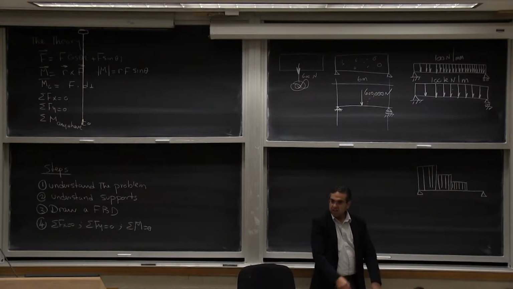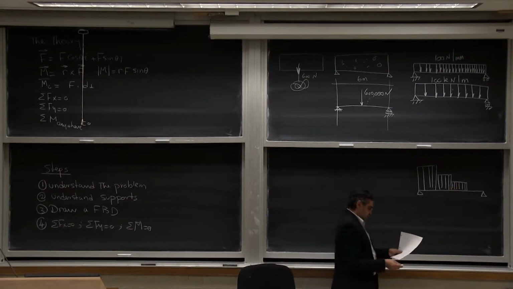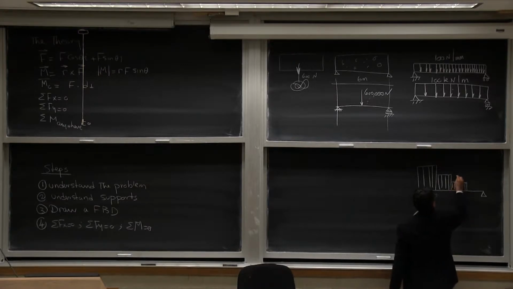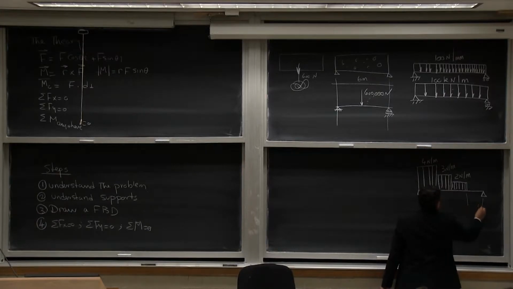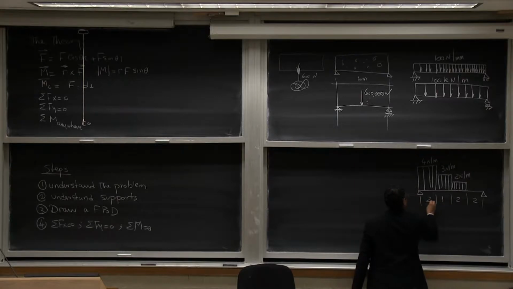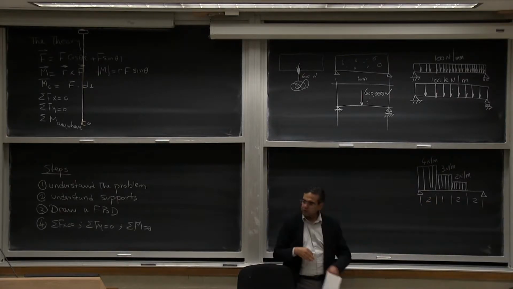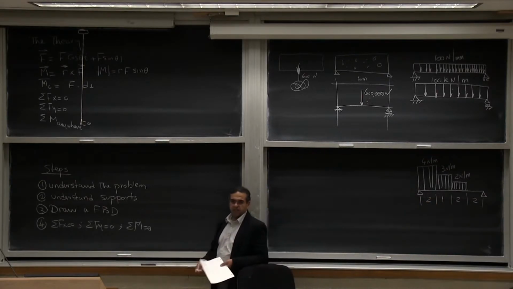And you calculated the weights to be 2 Newton for every meter, 3 Newton for every meter, 4 Newton for every meter. And this is 2, 2, 1, 2. How would I represent this as a free body diagram?